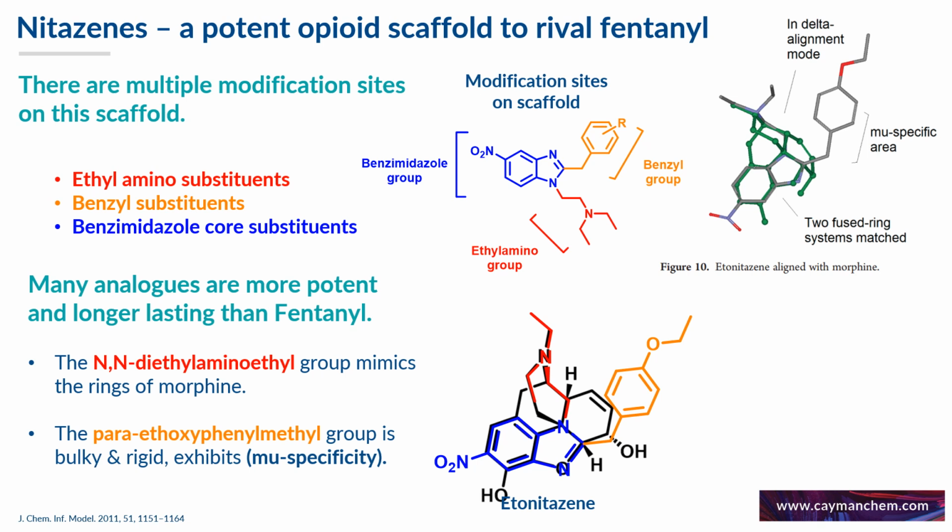They also suggest that the substituents in the para position on the benzyl ring lock the compound into place, which increases its specificity to the mu opioid receptor. So the potency of etonitazene is attributed to those two ethyl substituents located at the ethyl amino position, and then the para ethoxy substituent on the benzyl group.